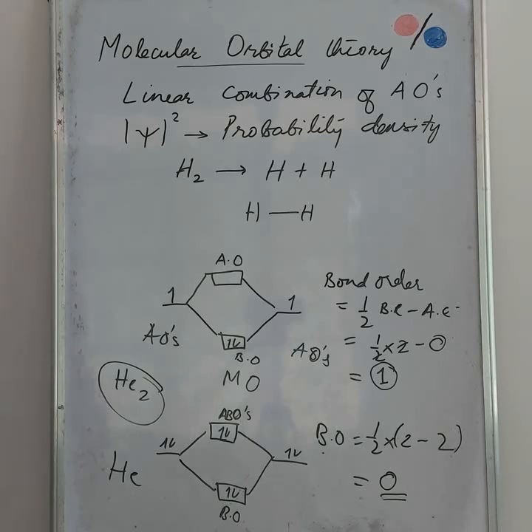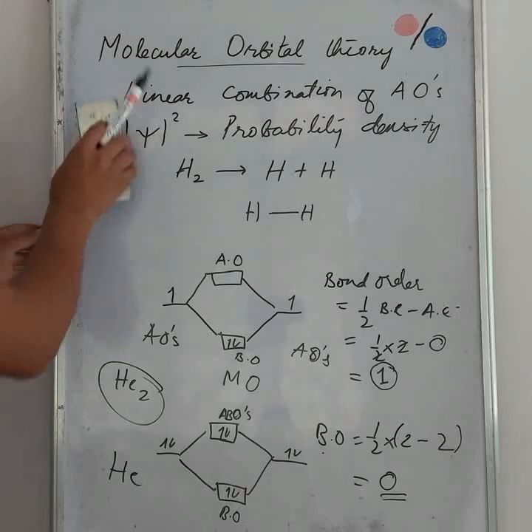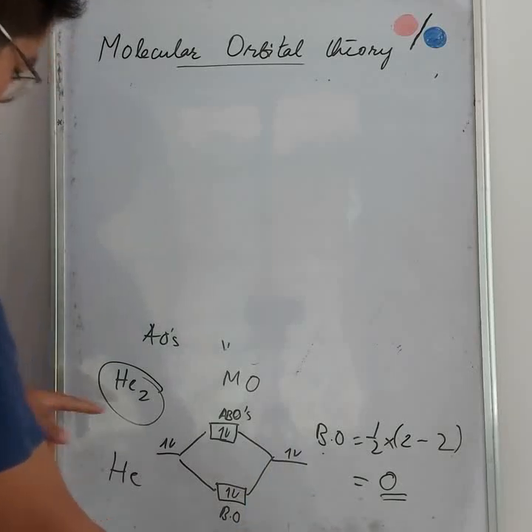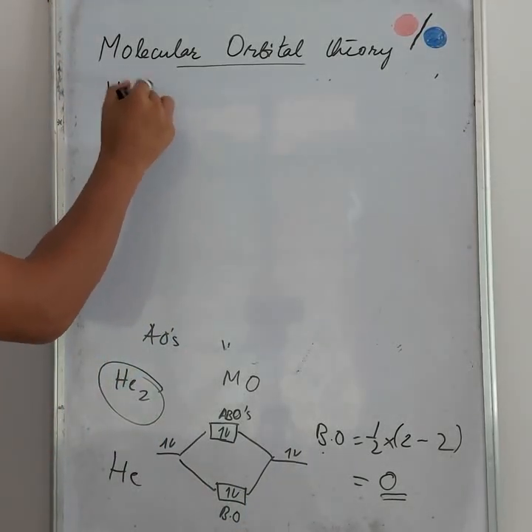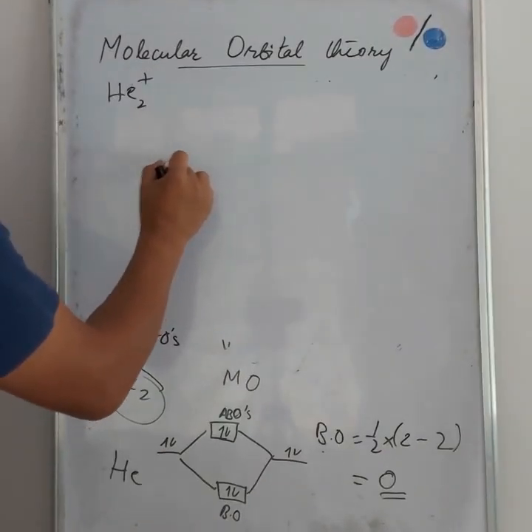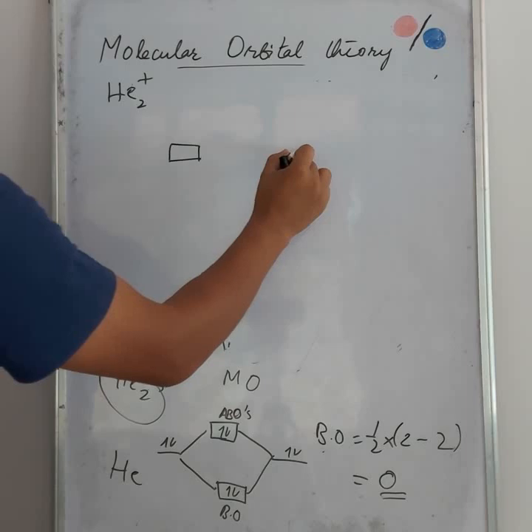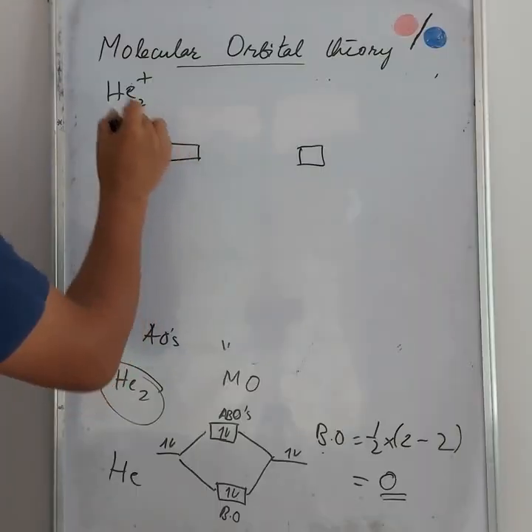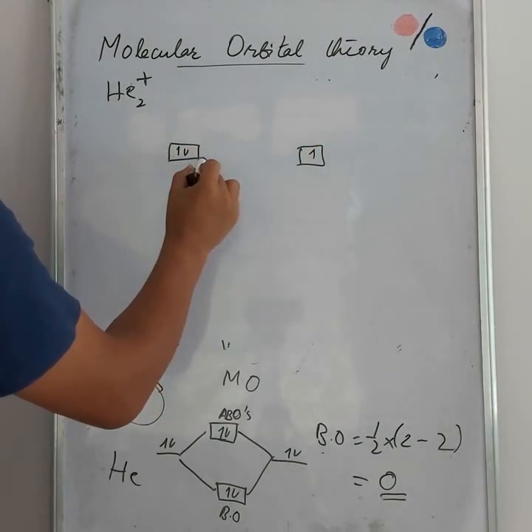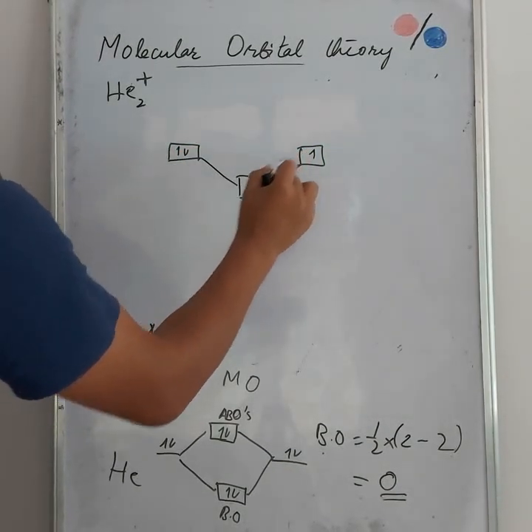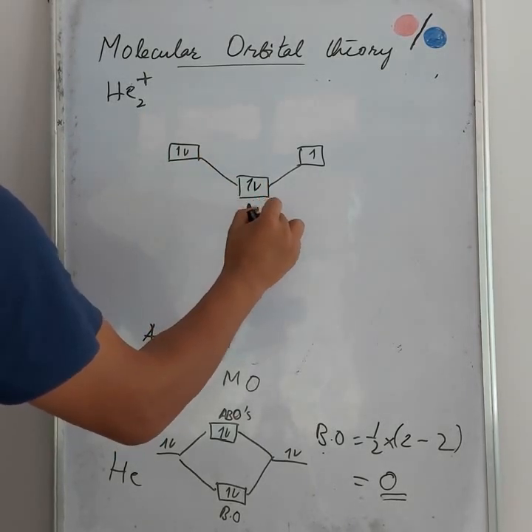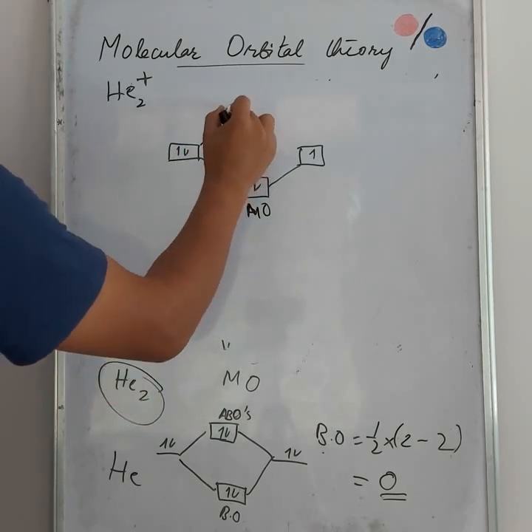Suppose, for example, it's the helium cation. Since this is plus, one electron is lost from one of the atoms, so two electrons will be in the bonding molecular orbital and one electron in the antibonding.